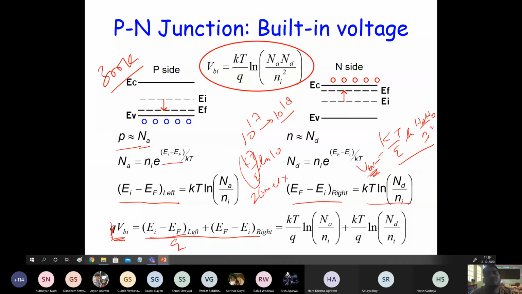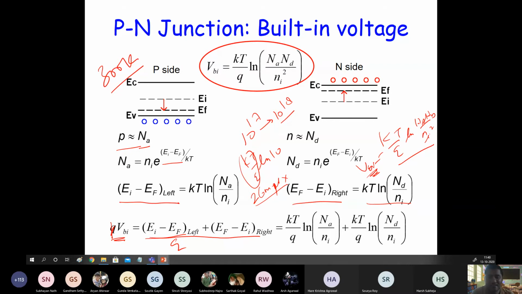What is log of 10? Base e. Base e is 2.71, so it is around 2.3. So 2.3 into 26. How much does it change? It changes by around 50 to 70 millielectron volt. So it's a very small change. The potential will change by millivolts, because E is basically Q, so it will change by less than 0.1 volt, right?